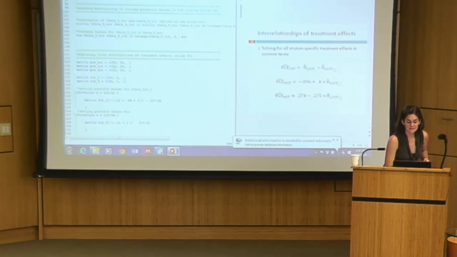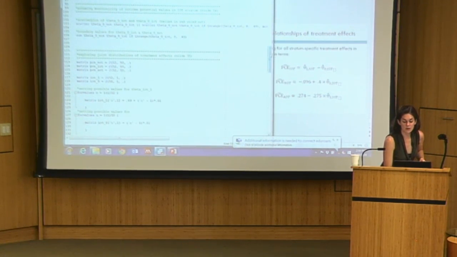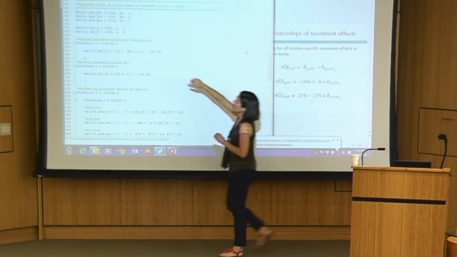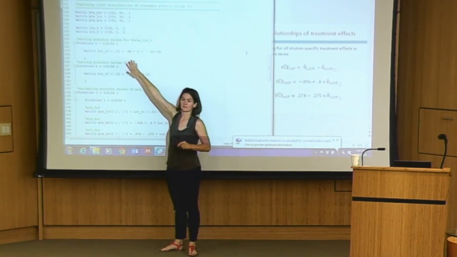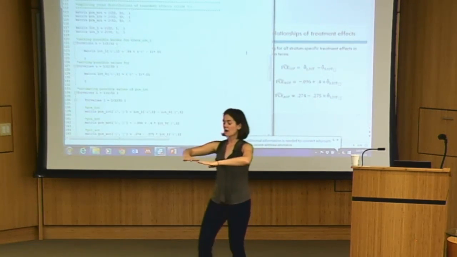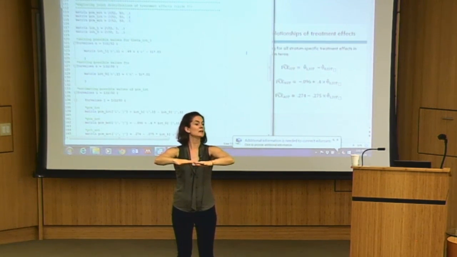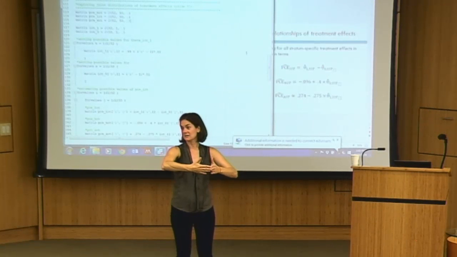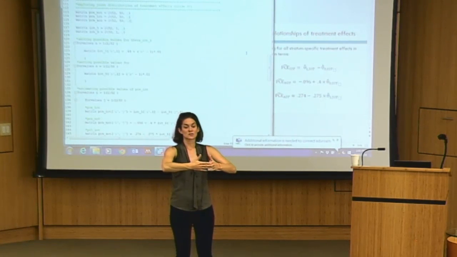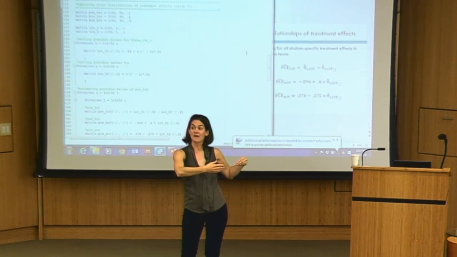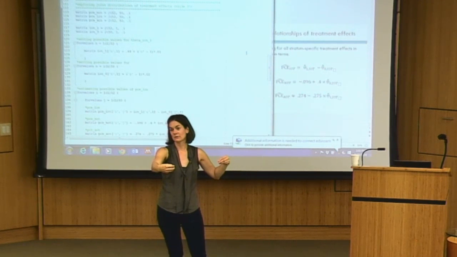Okay, so the last thing that I did was I wanted to plot and understand the relationships between the different principal causal effects. What I did in order to do that was start off by building, you could think about it as a grid, right? So if we have a grid for possible values of theta 1 IOT and theta 0 IOT, we could say it's possible that theta 1 IOT is equal to 0.75 and theta 0 IOT is equal to 0.6.